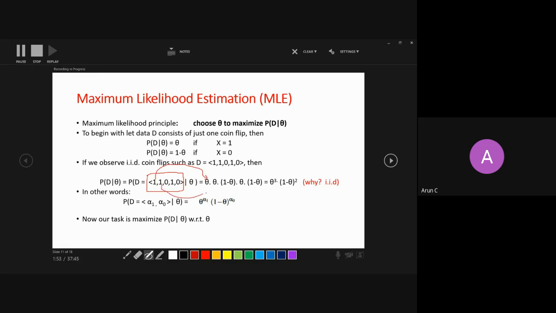This 1 again comes because of theta, because you are getting two successive ones. Now you are getting 0, so 1 minus theta is the probability playing a role. Then it is 1 again, so theta, and 0 again, so 1 minus theta. So these are the probabilities.